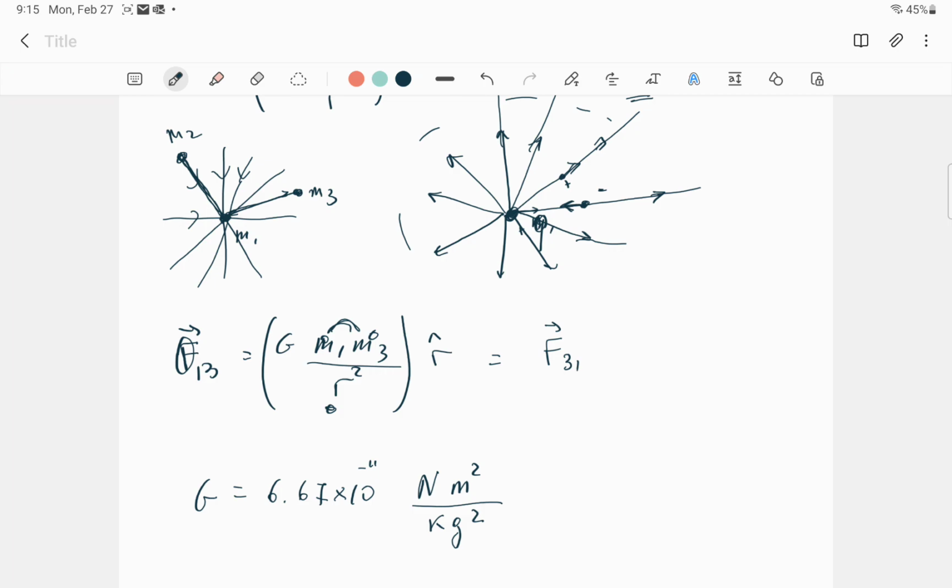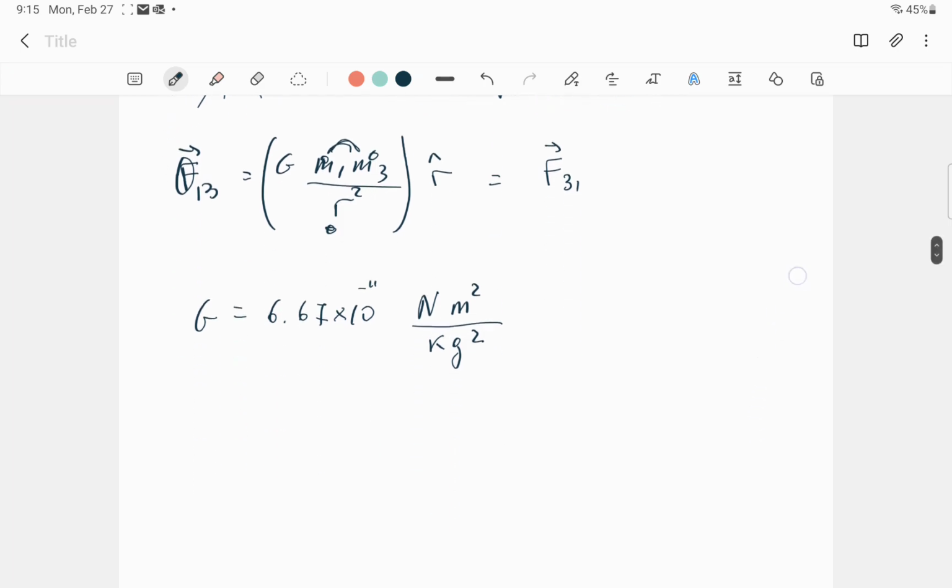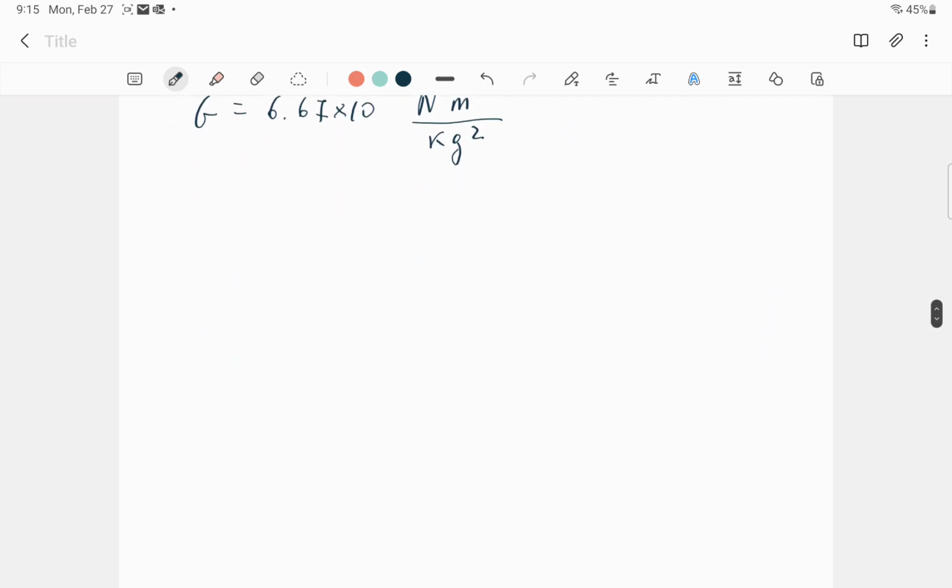Other than that, if you want to know about this, there's an experiment that has been made.